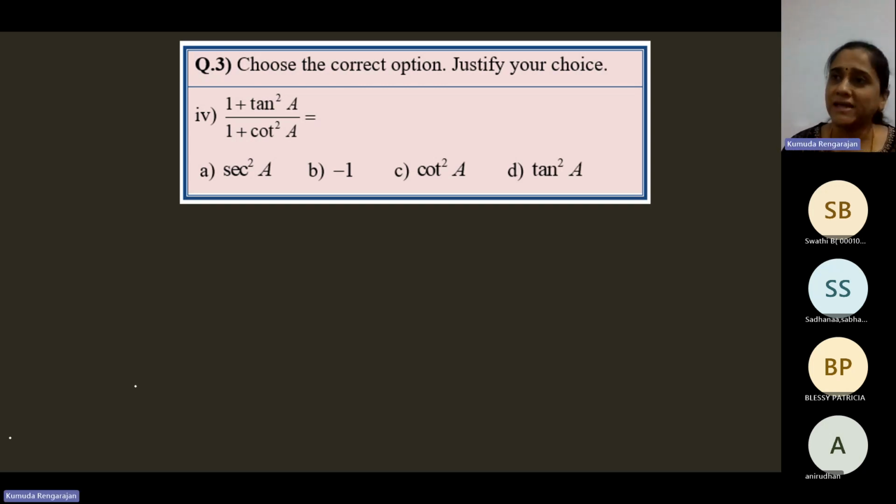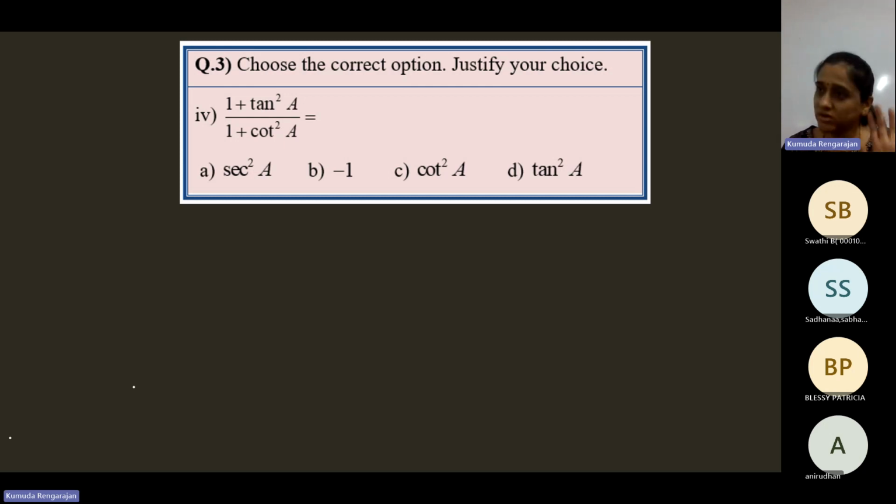Now, whenever we have tan and cot together in an expression, we have an option. When the expression has only tan and cot, you can change it to sine cos, or you can change tan to cot, cot to tan. Normally, when we have other ratios, we have to change them to sine cos.